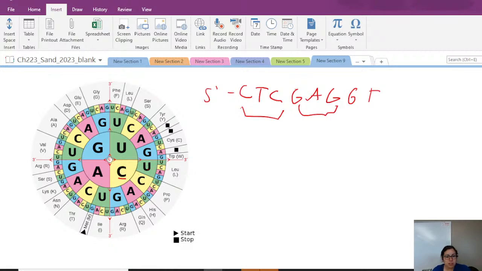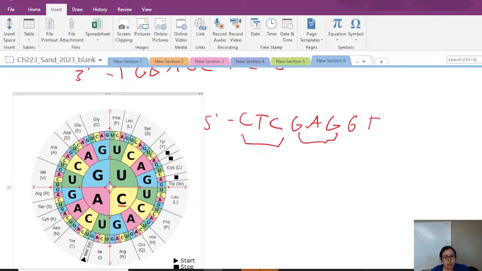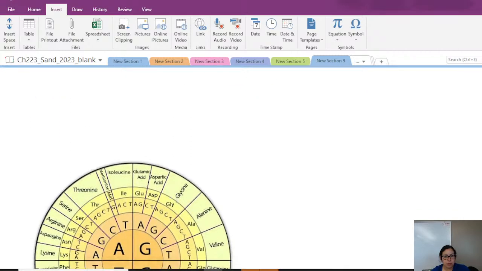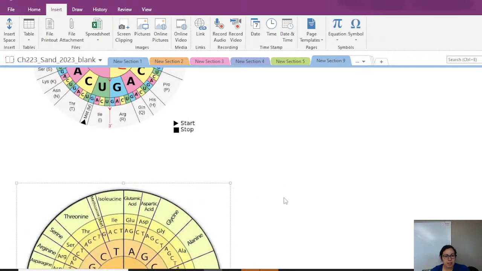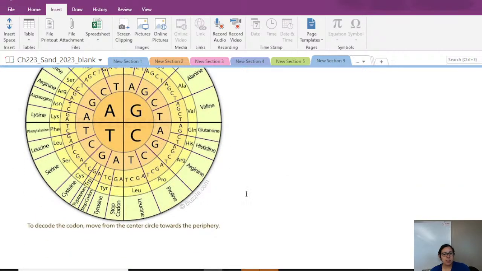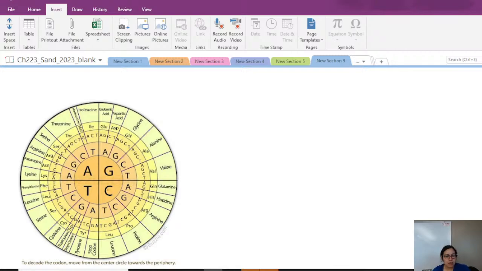On this chart, since it's for RNA, instead of U here, this would be T. But CTC matches up with leucine here. Or if you prefer, I think this is a DNA one specifically. So again, CTC, see how that matches up with leucine there.